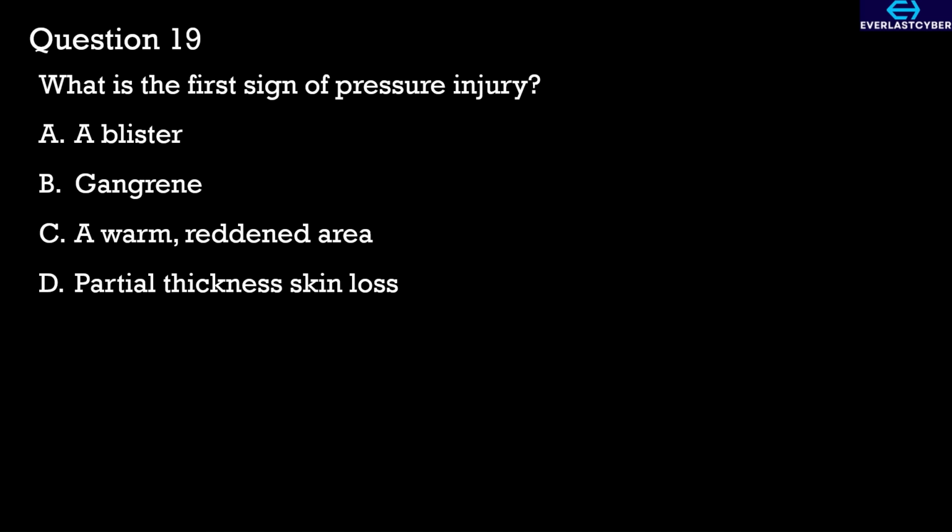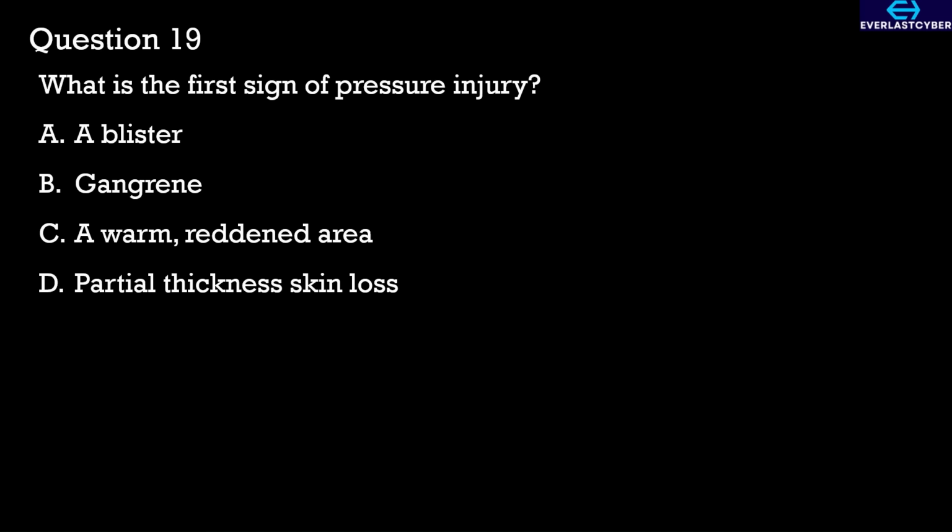A blister in option A usually appears later. This is a stage 2 pressure injury. Gangrene indicates severe tissue death at an advanced stage, so this is not an early sign. A warm reddened area is usually the first sign. So the skin is intact with non-blanchable redness.